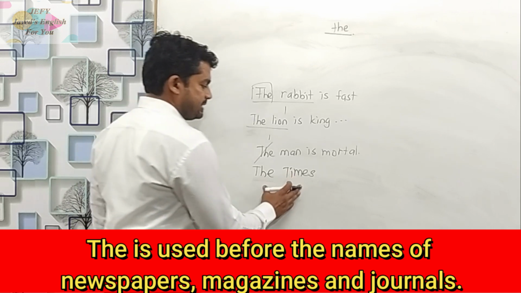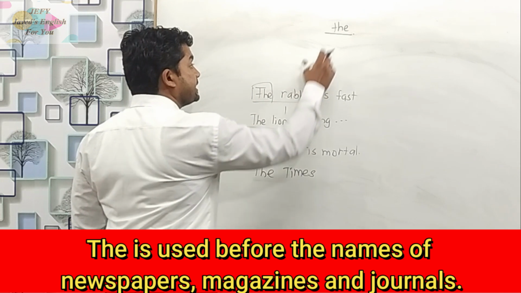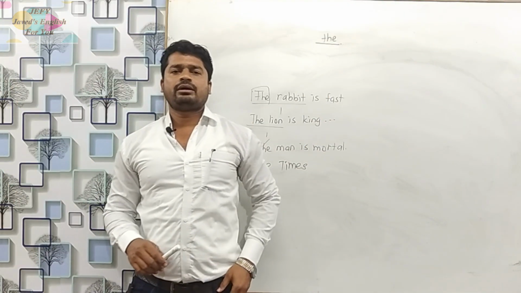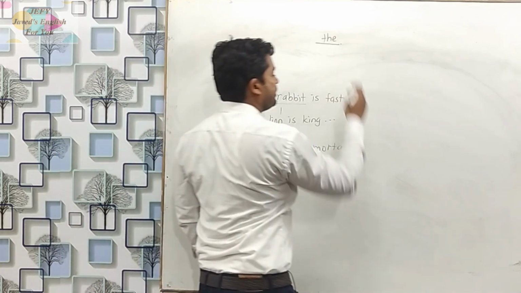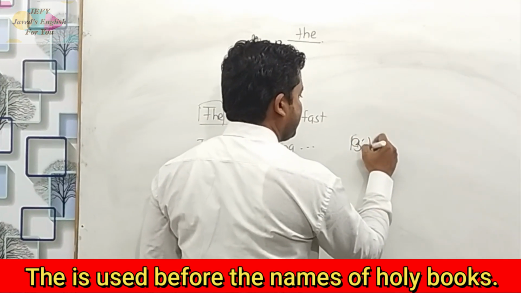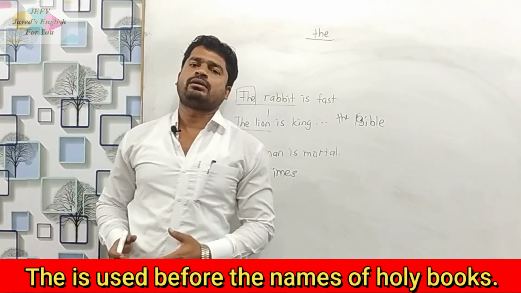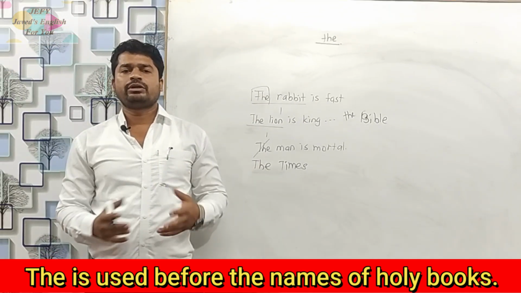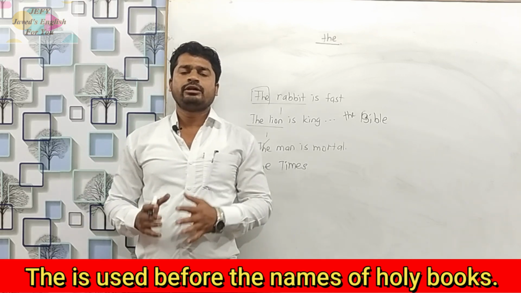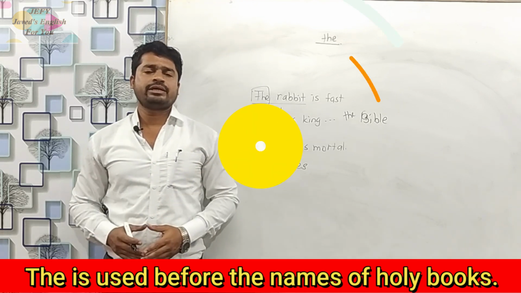Before the names of magazines, journals and newspapers, we have to put article the. Apart from all this, we have to use article the before the names of holy books. We cannot say Bible, we have to say the Bible. We cannot say Quran, we have to say the Quran. We cannot say Guru Granth Sahib, we have to say the Guru Granth Sahib. Because these books are religious, they are very important, we have to say the before their names.